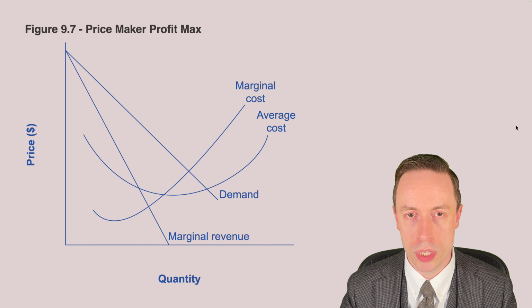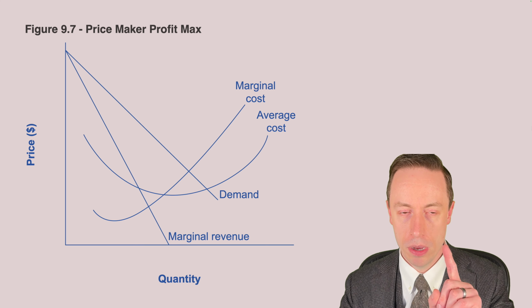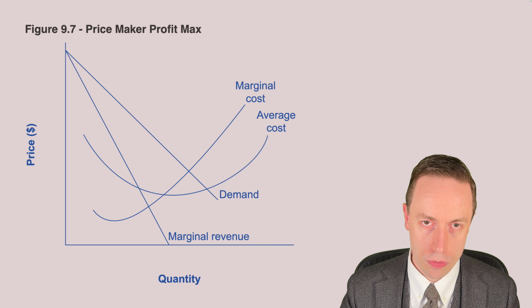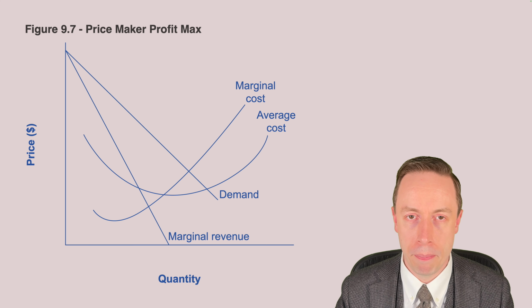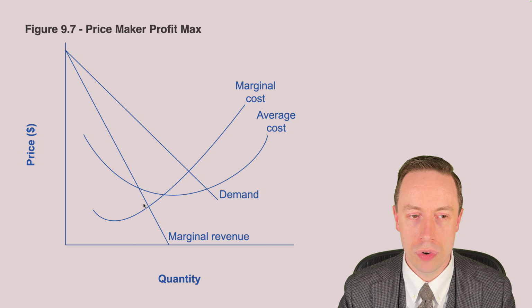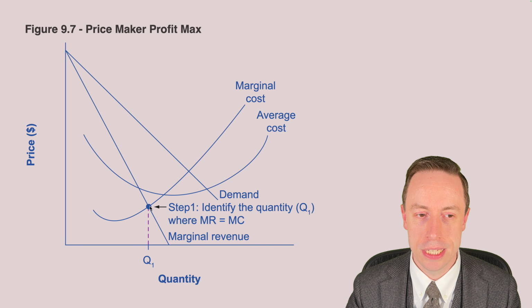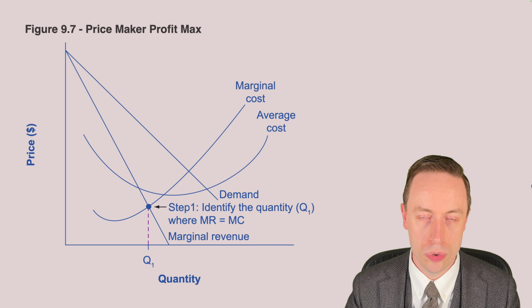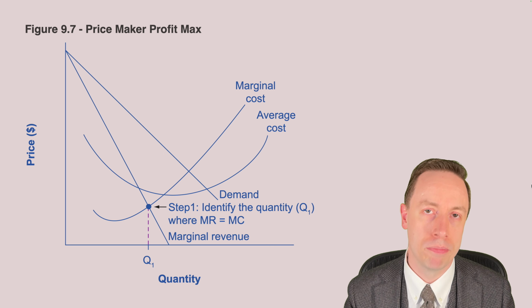So let's go through our 2-step process. Step number 1, identify the correct quantity. For that one, profit maximization, we look at marginal revenue and marginal cost. Where they equal, right here we've got ourselves an intersection. Take that down to the x-axis. There's our profit maximizing quantity. Then comes step number 2, now find the price.